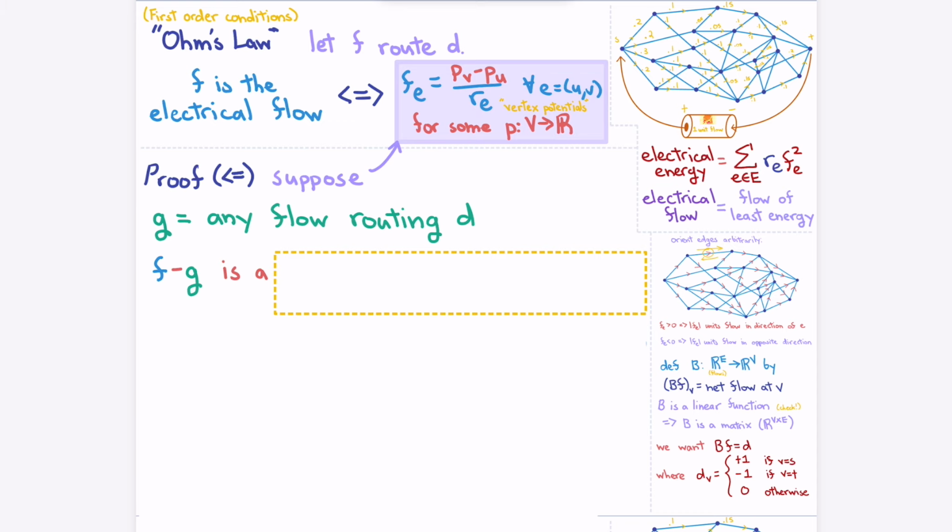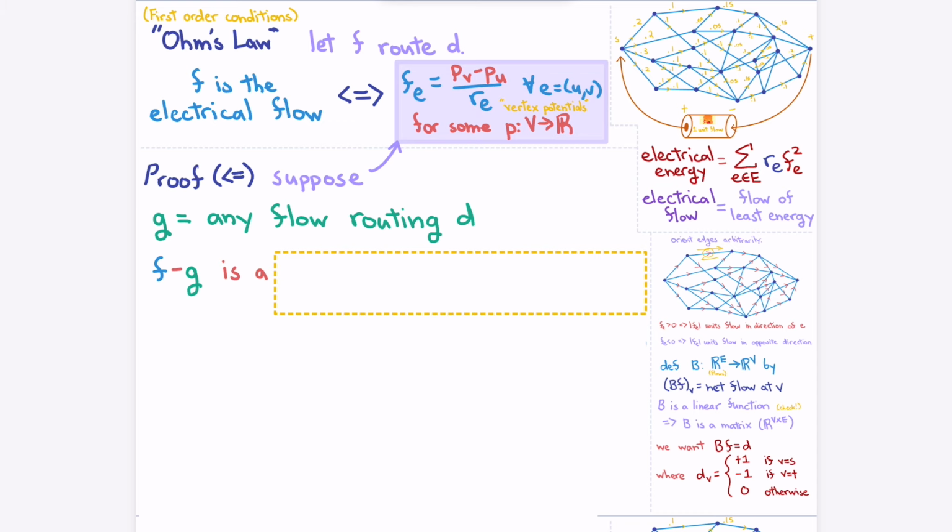What would D look like for F minus G? A zero, because they both route D, but they're subtracting, right? So if you have two different ST paths and you subtract, you get a cycle, and that's sending zero flow everywhere. But there could be flow on the edges. It's just that there's no real source or sink anymore.